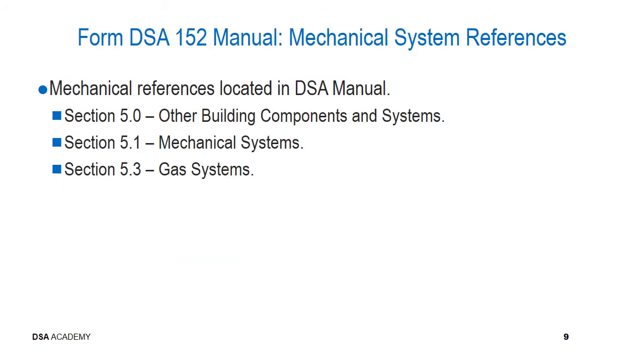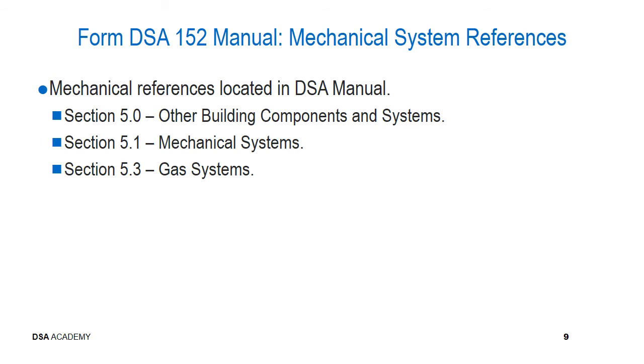A tool or a resource has been created by DSA staff with the intent to help project inspectors in their review for construction processes that may be related to items located on the project inspection card. And this resource is called the DSA Inspection Card Manual.